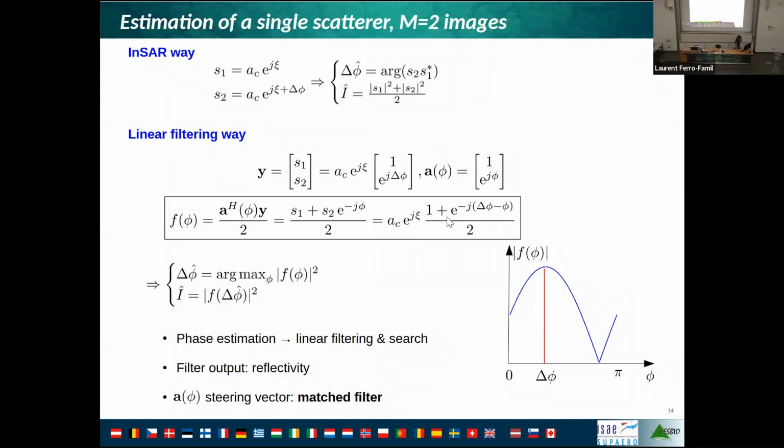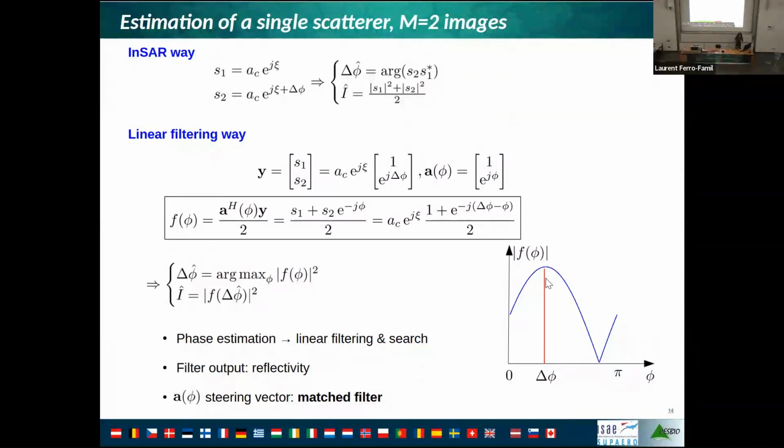Because if you remember what you studied at school with complex numbers, this is exactly the formula of a cosine, a cosine of this term here. So when phi corresponds exactly to the interferometric phase you want to measure, the modulus here will be maximum. It means that this phase will compensate exactly the interferometric phase.